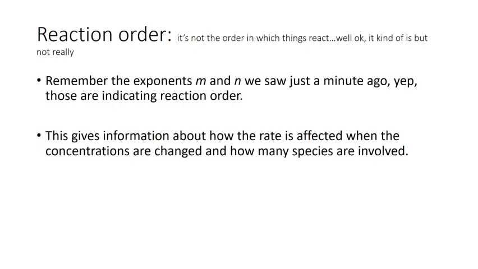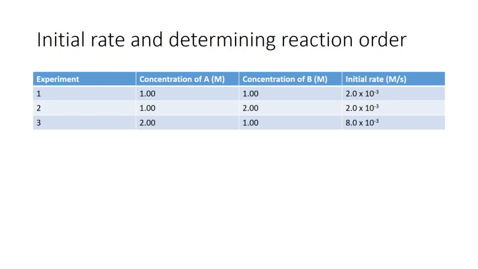The exponents in a rate law are going to indicate the reaction order. And this gives us some information about how the rate is affected when concentrations are changed, and also the number of species involved.